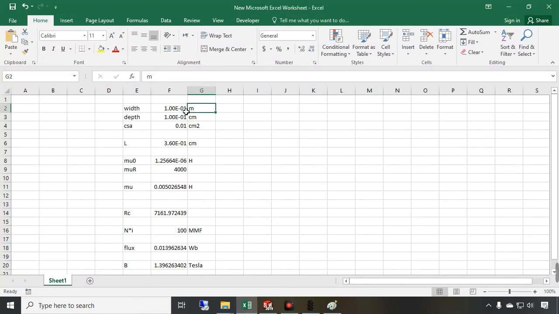So here, if I want to consider meter, the width here is 1e minus 2, and here I have 1e minus 2. So this is meter square, right? 1e minus 2, 1e minus 2, that is depth. Cross section area is width times depth.